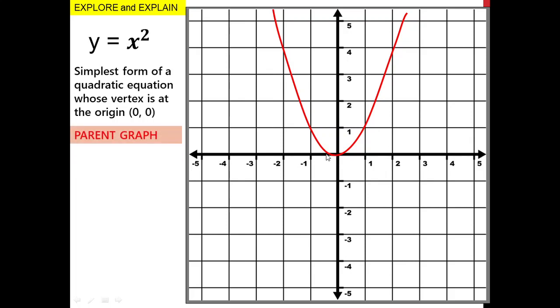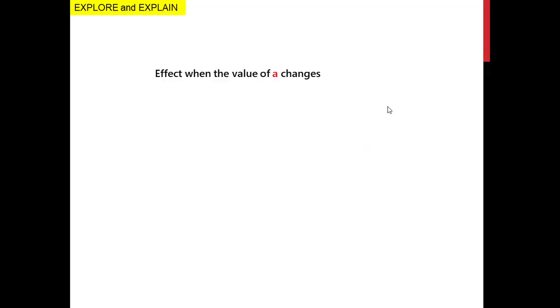Now y is equal to x squared is also called our parent equation, and this one is our parent graph. Now, let's try to see the effect when the value of a changes.